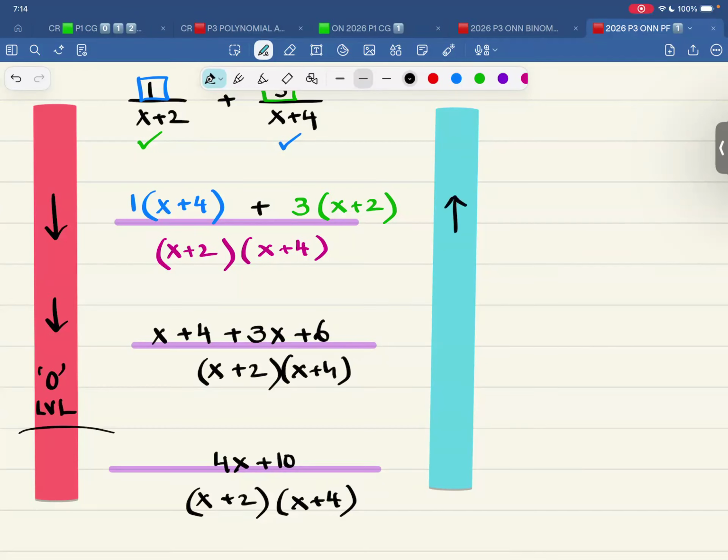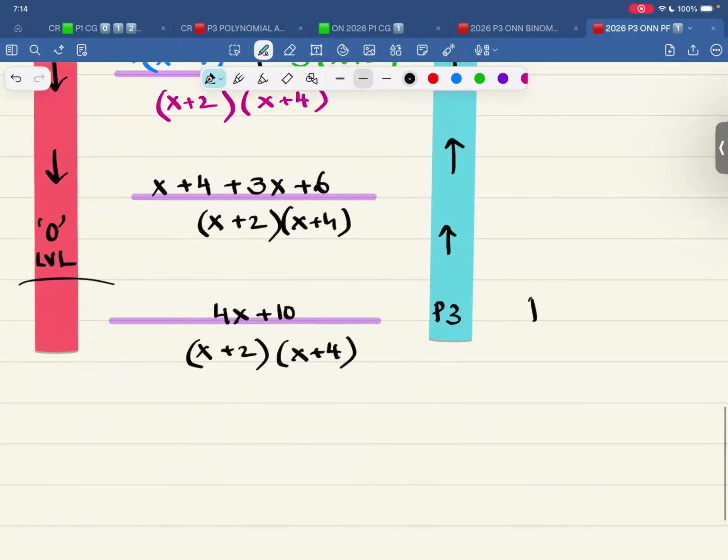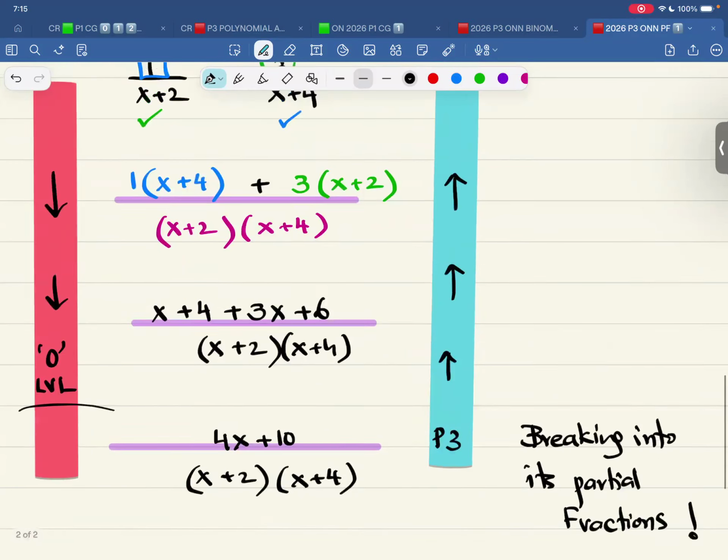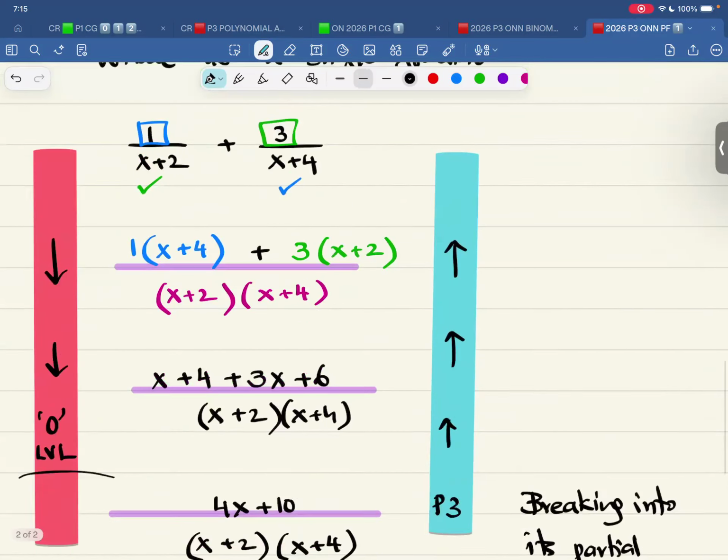But if I plan on going the other way, now this is pure maths P3, and this is known as partial fractions. So breaking into its partial fractions. This is the concept that we are learning right now.